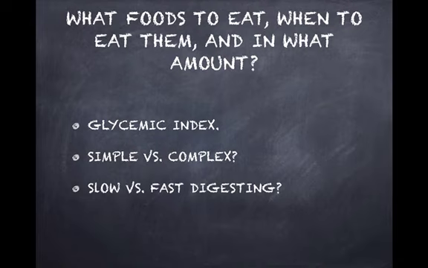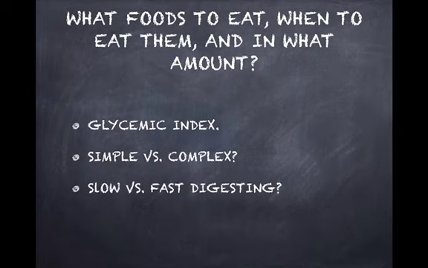The first thing we're going to address is the glycemic index, which we hear people talk about. The glycemic index is basically just a way of telling us which foods are digested really slowly and which foods are digested really quickly. We base that on how quickly blood sugar levels rise after eating a food.